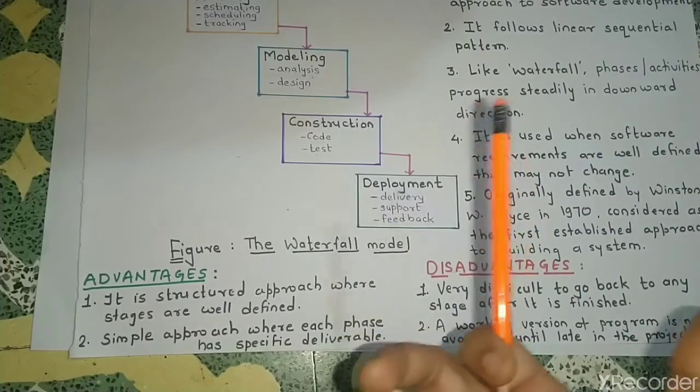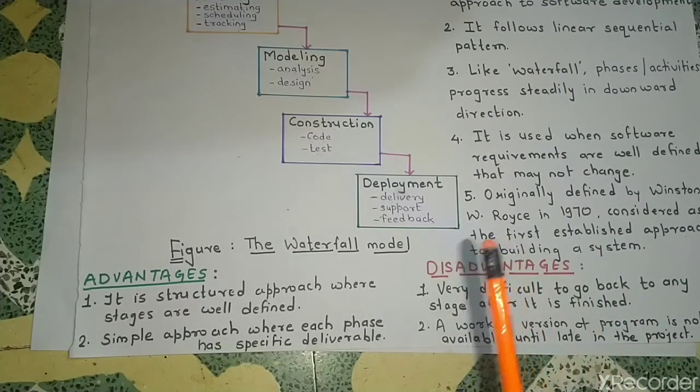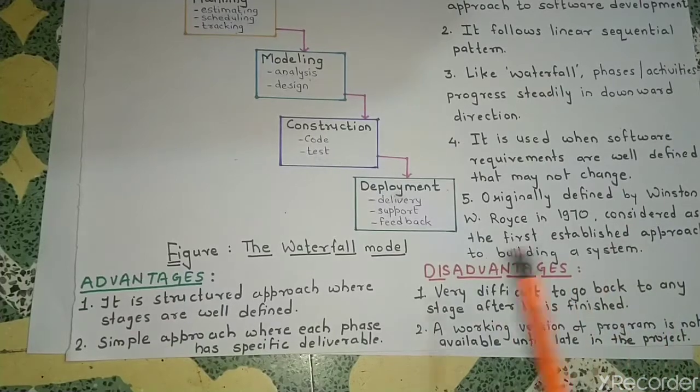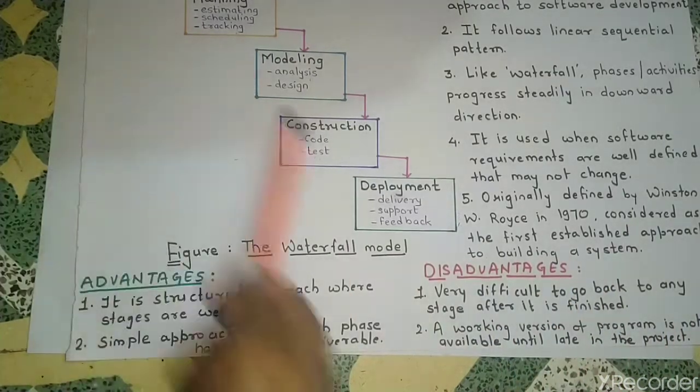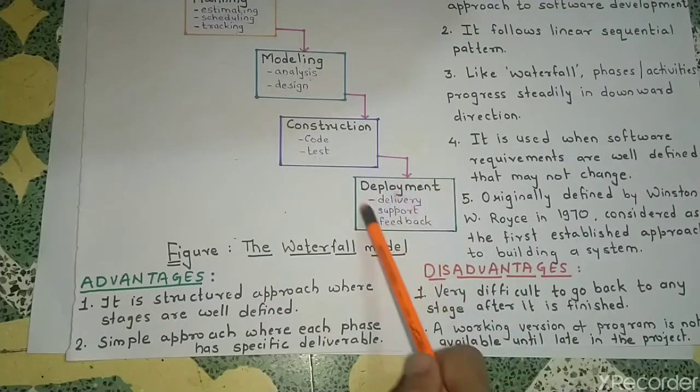You will understand this when we study the other models, where the customer gets the feel of seeing the actual product very early in the development life cycle. So here with the waterfall model is the problem. Here the customer notices what the team has done only at the end.